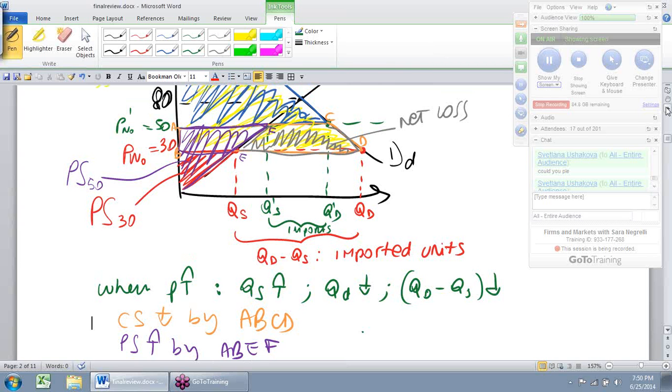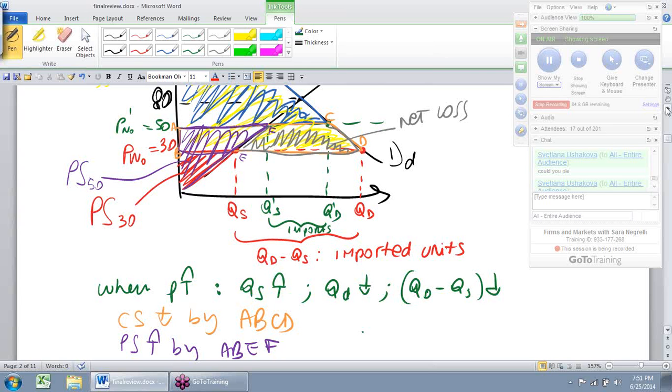Part B says, assume that the world price remains at 50. The government of this country becomes concerned about the effects of the high world price on users of fuel within the country. The government is considering a plan to offer a subsidy to imports of fuel equal to $10 per unit of fuel. So basically the price is staying at 50, but the government now gives a subsidy to imports.